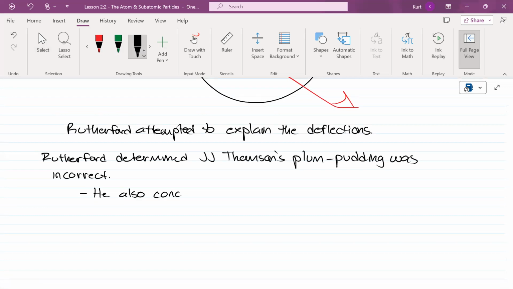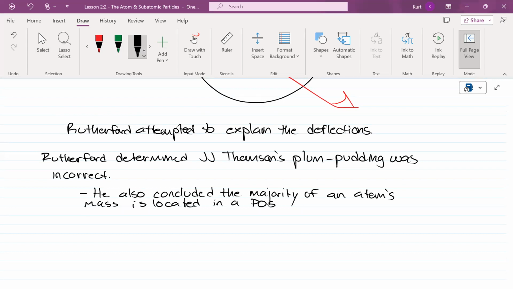He also concluded the majority of an atom's mass is located in a positively charged dense region in the center, and we call that the nucleus.